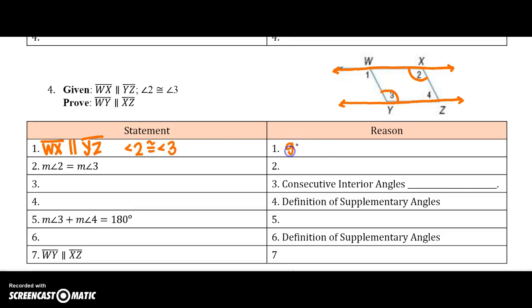And both of those things are given. Now, I'm going to look at my proof statement. Two lines are parallel, so I know I need to use the word converse somewhere. So I'm trying to get WY is parallel to XZ. I don't have that yet, but that's what I need to get to.